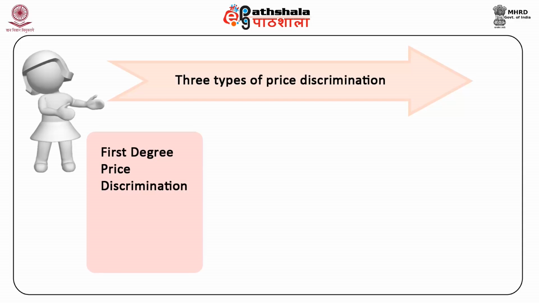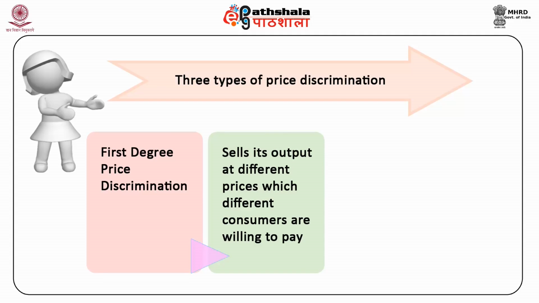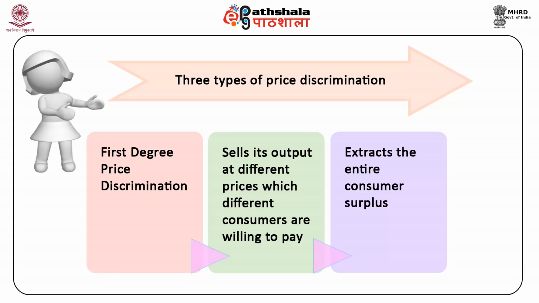First degree price discrimination. When the monopolist sells its output at different prices which different consumers are willing to pay, then this kind of price discrimination is known as first degree price discrimination. In this type, the monopolist extracts the entire consumer surplus.